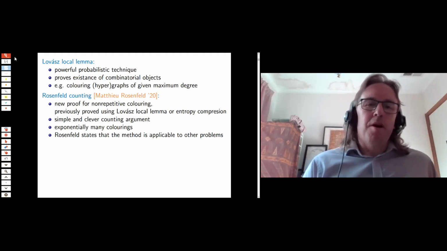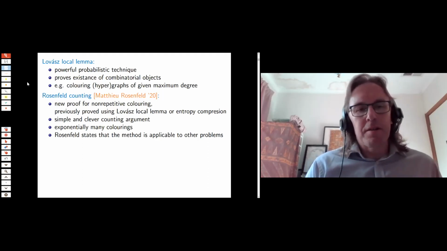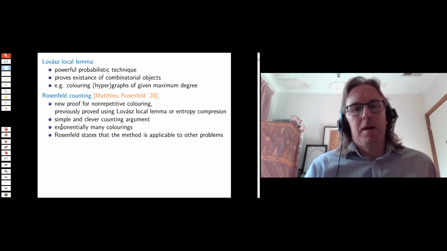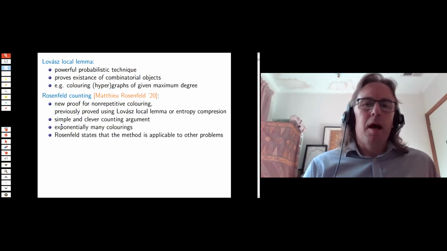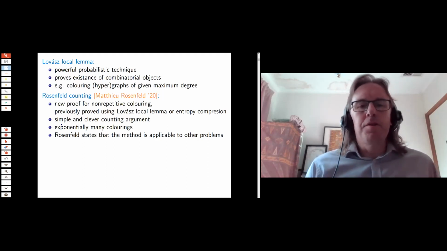But this Rosenfeld counting, that's what I'm focusing on in this talk. It's an incredibly simple and very clever counting argument. And Rosenfeld used it to prove a known bound for non-repetitive coloring.